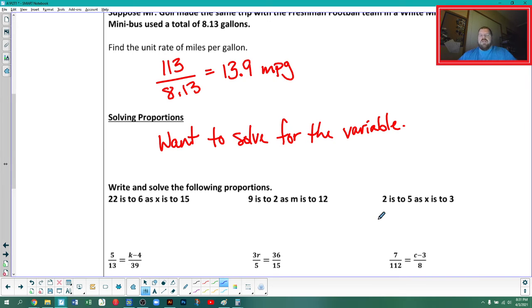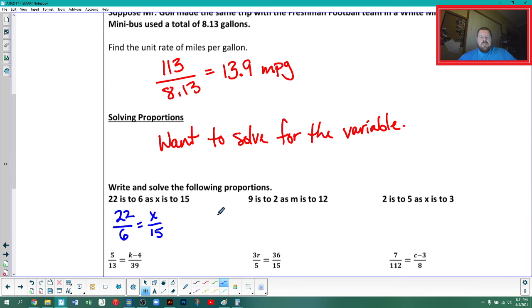They're called analogies. Especially written this way on these first three. 22 is to 6 as x is to 15. So 22 is compared to 6 as x is to 15.